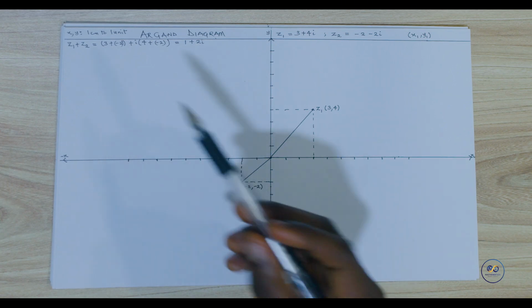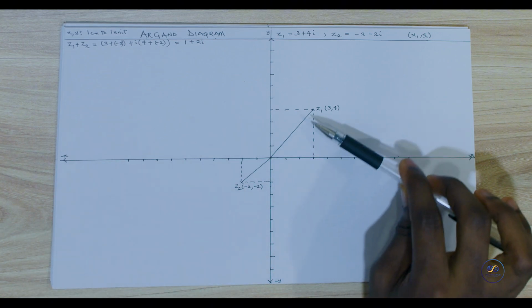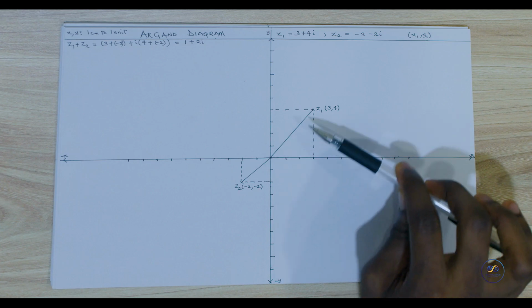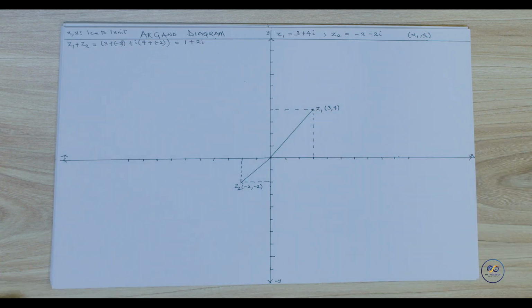To carry out the addition of Z1 + Z2, it suffices to take the path from the origin to Z1 and then from Z1 to Z2. Let us take a pencil so that the lines are separate from each other.